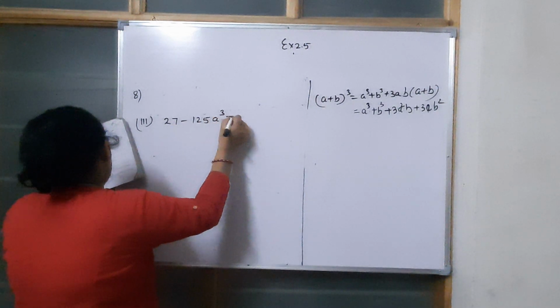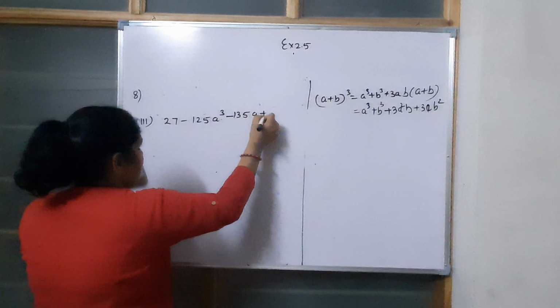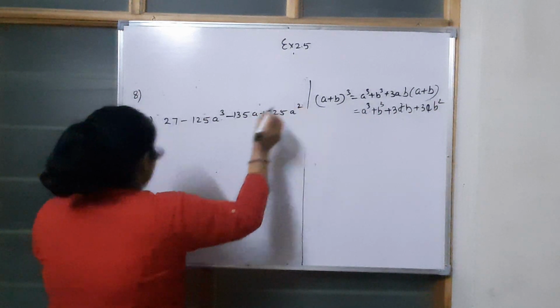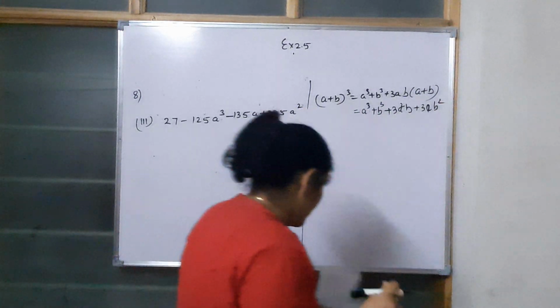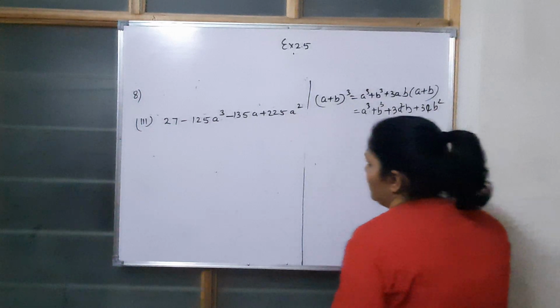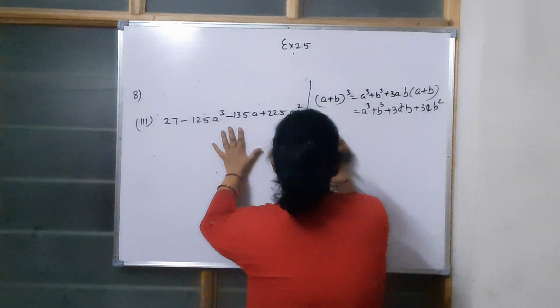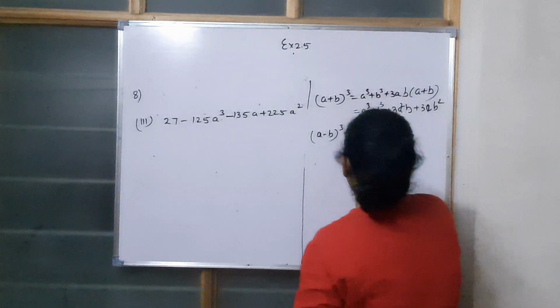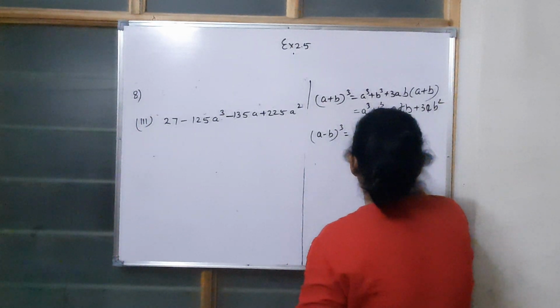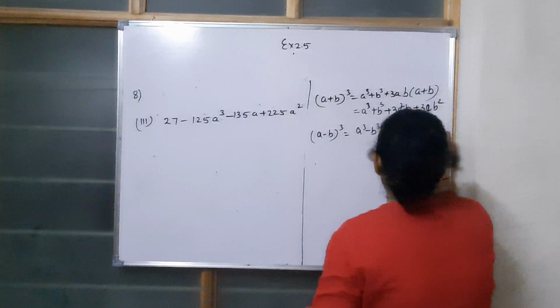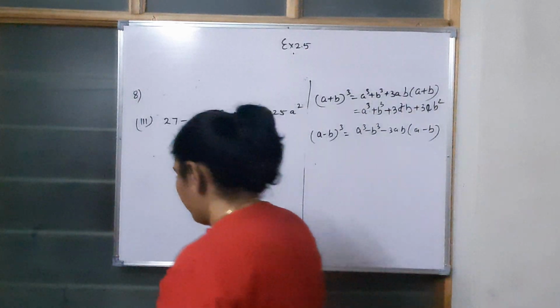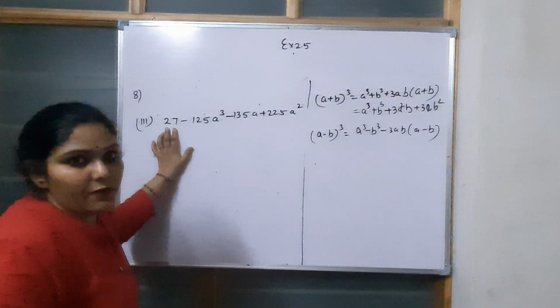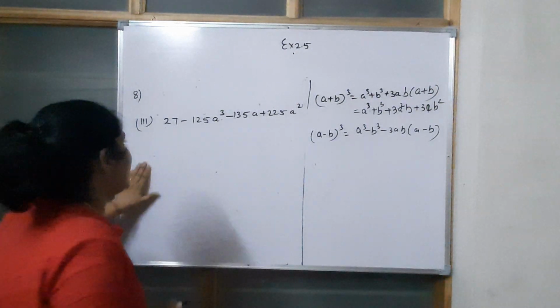Here we have minus, so I am writing this identity for you: a cube minus b cube minus 3ab(a minus b). How would we apply that? We need to write it in perfect cube form. So 27 can be written as 3 cube.